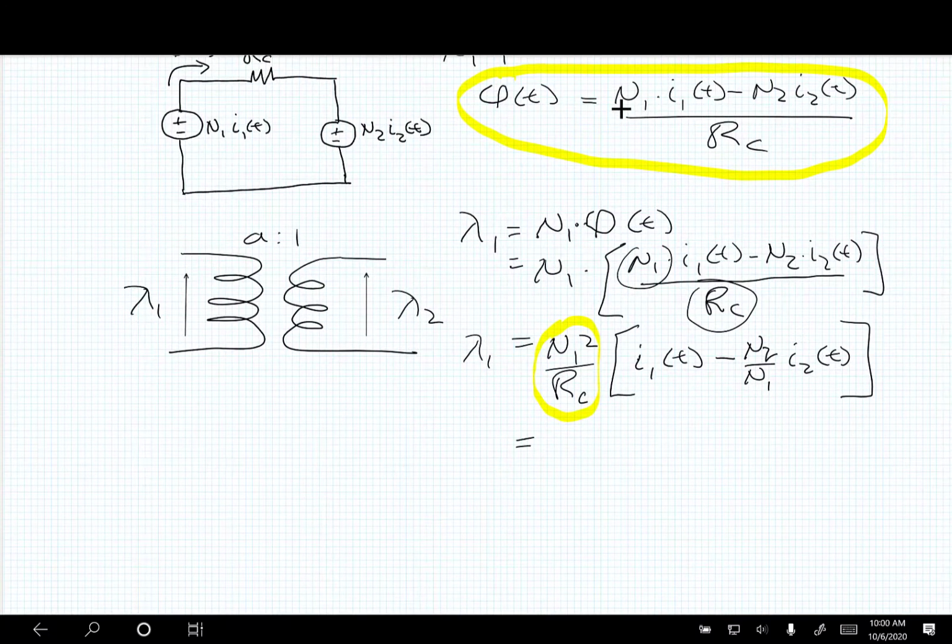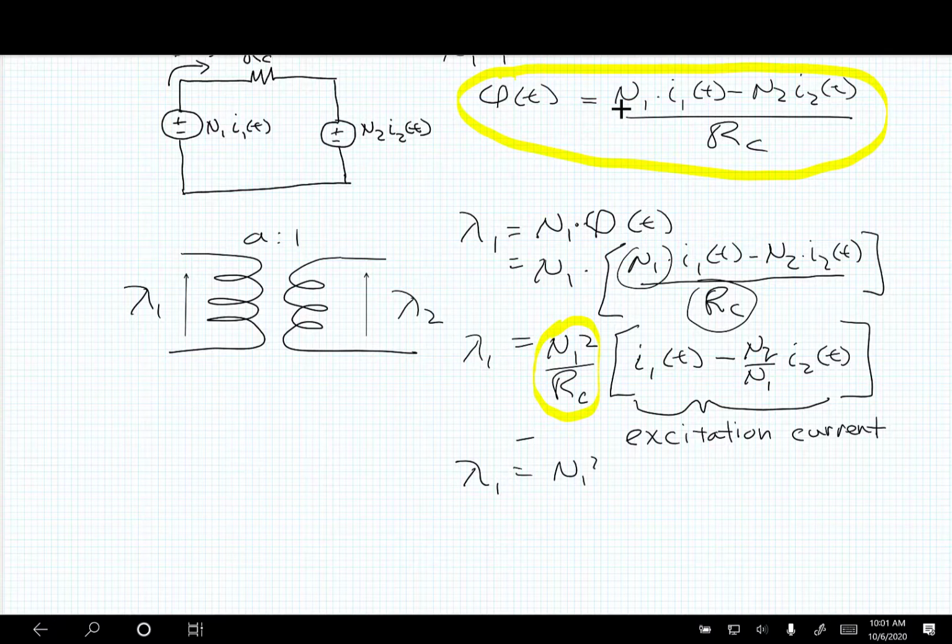And I can call this current what generally is referred to as the excitation current. And we can rewrite it this way: N1 squared over RC times I phi of t.